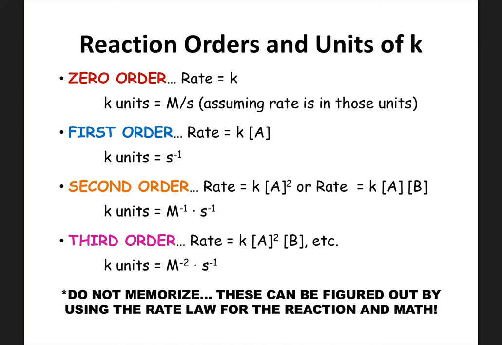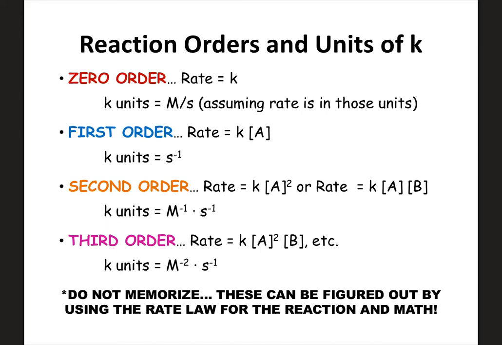Basically here, aside from zero order being molar per second, depending on your overall order of the reaction, it's just one less for the molarity here. You're always going to have molar to the negative something times seconds to the -1, but it's always one less for the molarity than the order. So if you have second order, one less for the molarity is going to be molar to the -1, seconds to the -1.